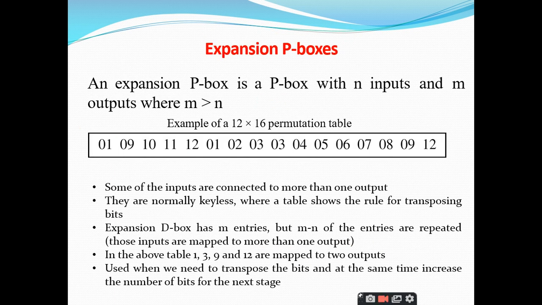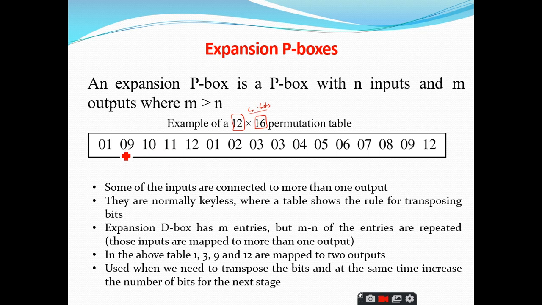Coming to the expansion P boxes, an expansion P box means the number of outputs is greater than the number of inputs. We have 12 inputs here in this example and 16 outputs, so we have 4 extra bits. Why do we get these 4 extra bits as output? Because one input is mapped to more than one output.